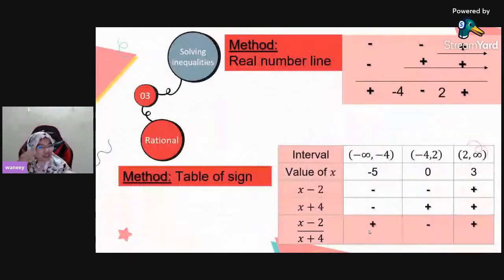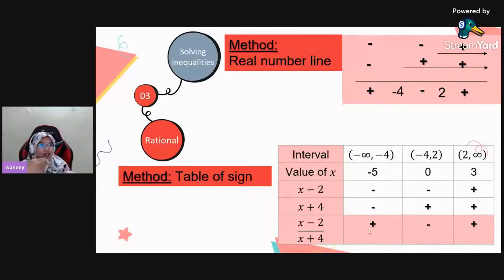In order to solve rational inequalities, I have two methods. Either I use the real number line or I use the table of signs. Elisha asks, Miss, must the answer be written in both forms? If the question does not say which to use, meaning they did not say whether to write your answer in solution set or solution interval, you can choose either one.